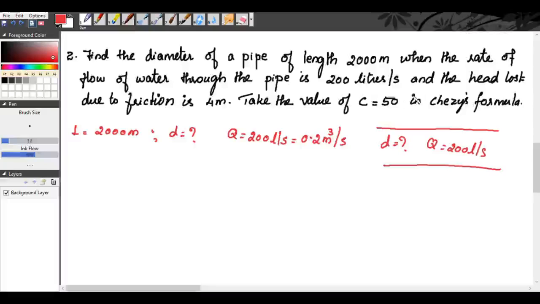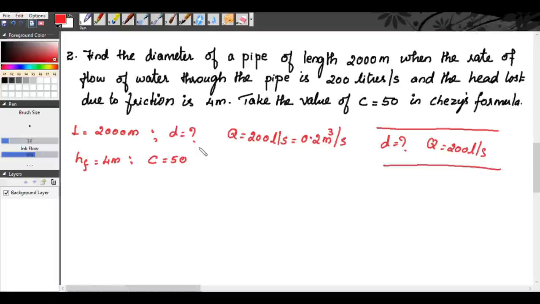Now, the head lost due to friction is 4 meter, so HF is given as 4 meter. The value of Chezy's constant C is given as 50. So how will we find the diameter?